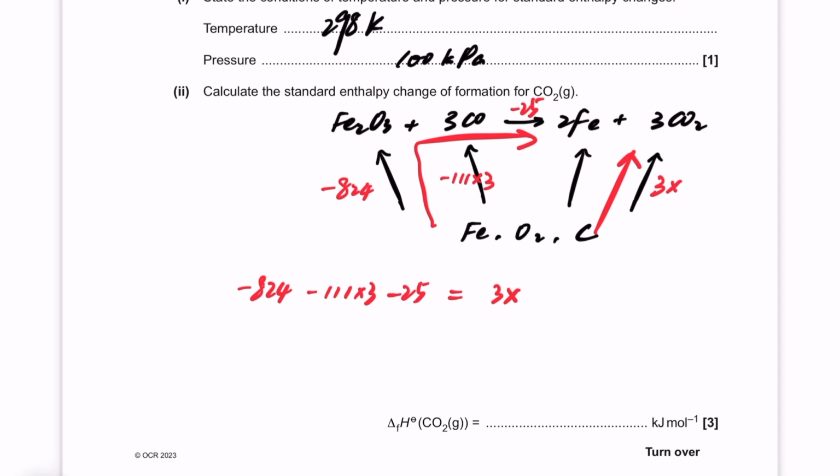If we put it in a calculator, we'll get minus 1182 equal to 3x, x equal to minus 394 kilojoules per mole. And that is the final answer for the question.